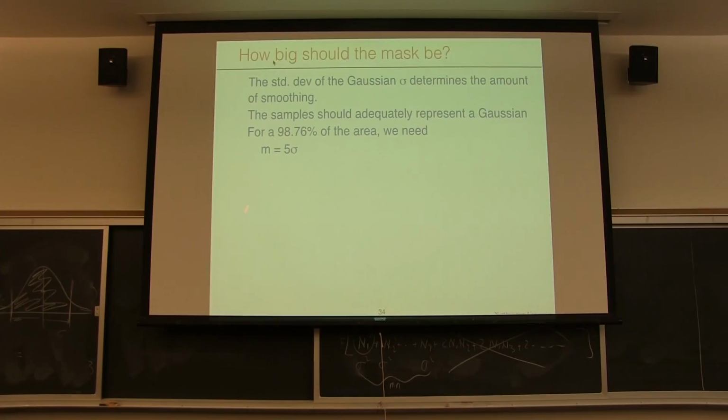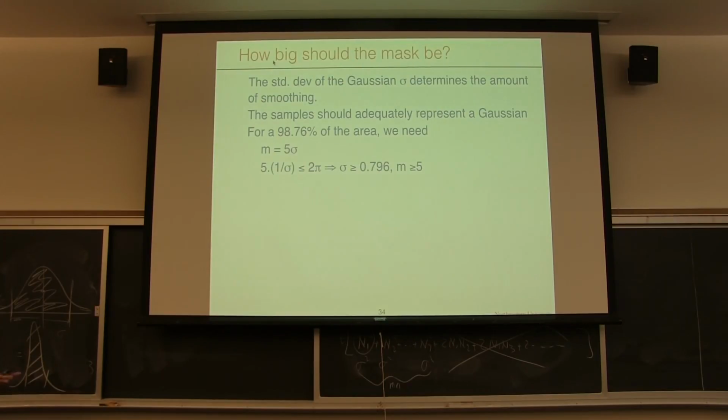We can do the same thing in the frequency domain. We can look at the corresponding Gaussian in the frequency domain and also say I want it to basically cover the whole thing here. That gives me another relationship, with 1 over sigma, again times 5, that has to be less than or equal to 2 pi, which is a cycle in the frequency domain.